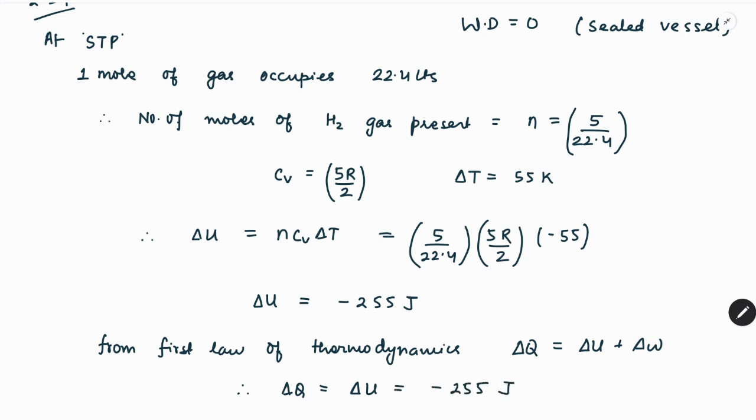So both the answers are going to be 255 joule, and since the problem is asking the amount of heat lost by the gas, the negative sign is already representing the heat lost by the gas. So we can directly say that the heat lost by the gas is a positive value, 255 joule, or we can write it as 0.25 kilojoule.